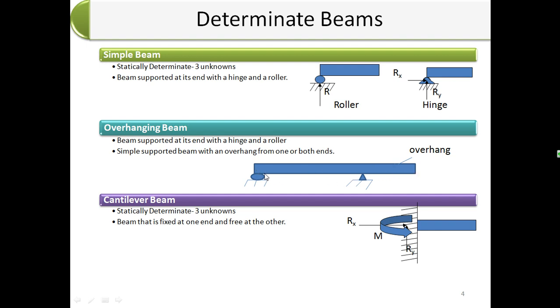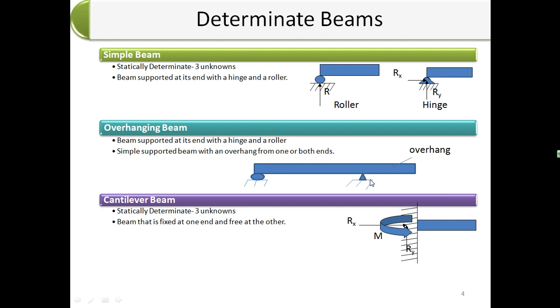So the beam which has two supports, one is a hinge, the other is a roller. For the roller, there will be only one unknown, and for the hinge, there will be two unknowns. There is no support here. So the total number of unknowns here is 1 plus 2, so 3. The number of unknowns is equal to 3. We can say it is a statically determinate beam.